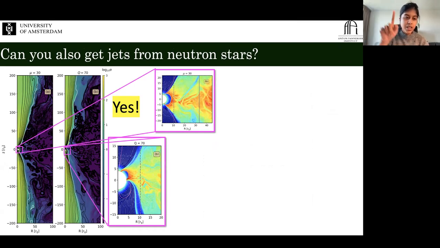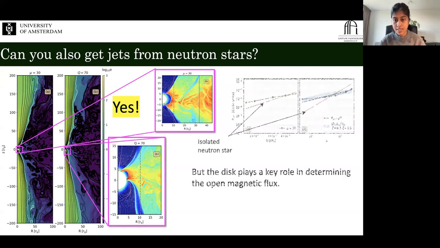We define jets as the sigma 1 contour, which is shown by the white line here. What we find after a couple of runs is that it's the disk that makes a huge difference in how much jet power you're going to get. It's the disk magnetic field that actually decides how much jet power you get at a quasi-stationary state.